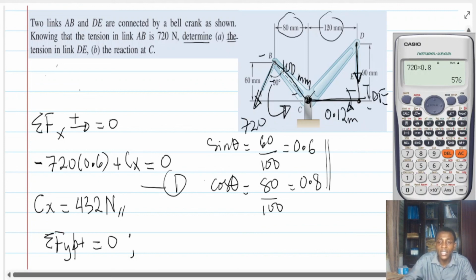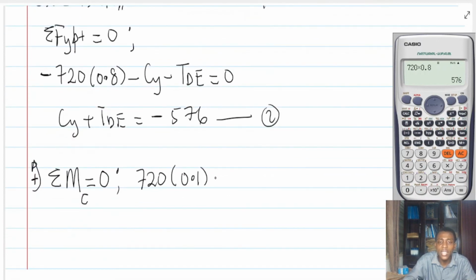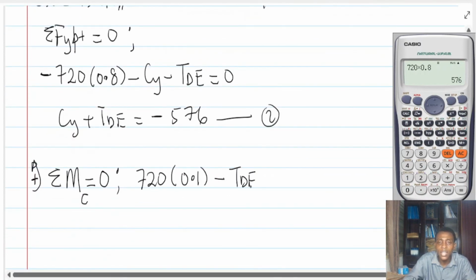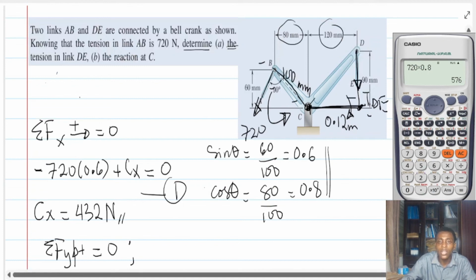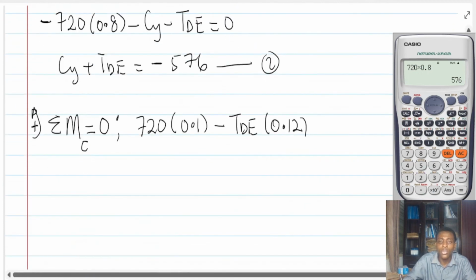Follow what I'm writing here. So it's going to cause it to be clockwise. So it's going to be minus TDE multiplied by 0.12. And the 0.12 is this one here. And so moment should be equal to 0.